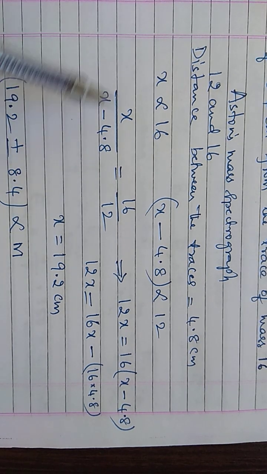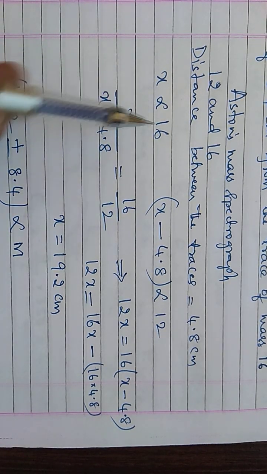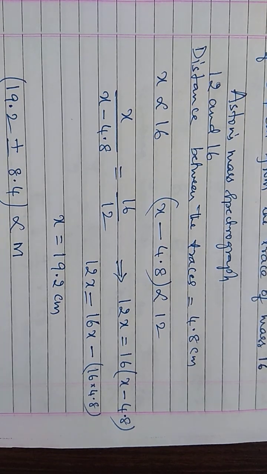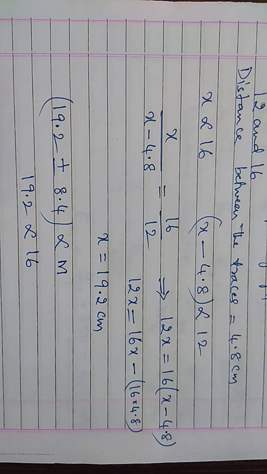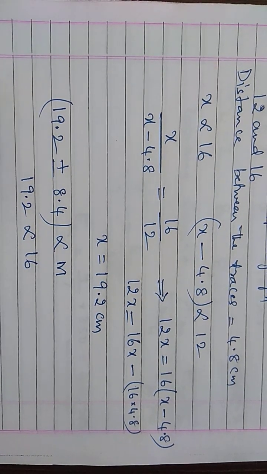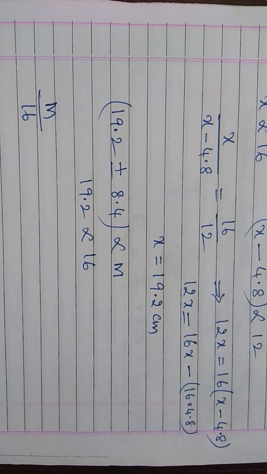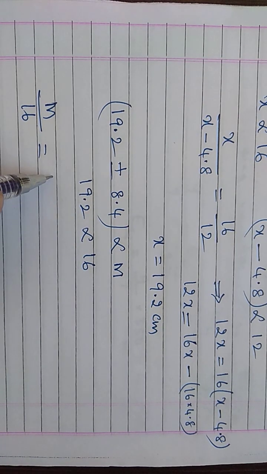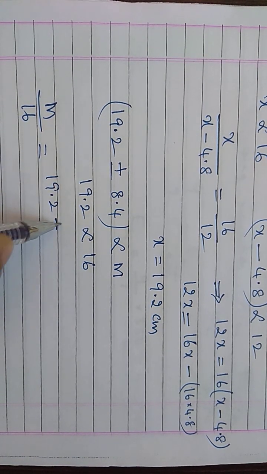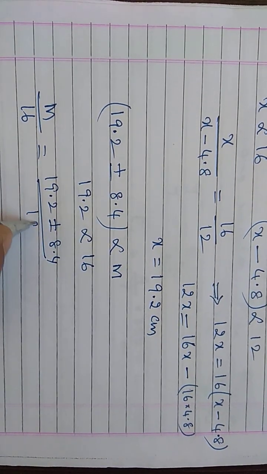This is the concept that I am substituting here, x is equal to 19.2. Divide one by the other. M divided by 16 is equal to 19.2 plus or minus 8.4 divided by 19.2.